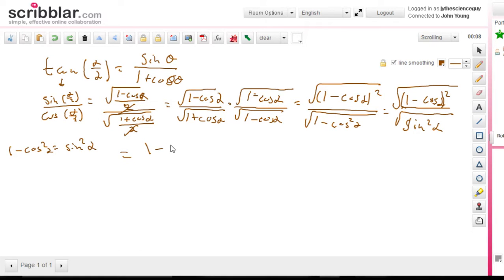1 minus cosine alpha over sine alpha. So I need to get the sine on the top.